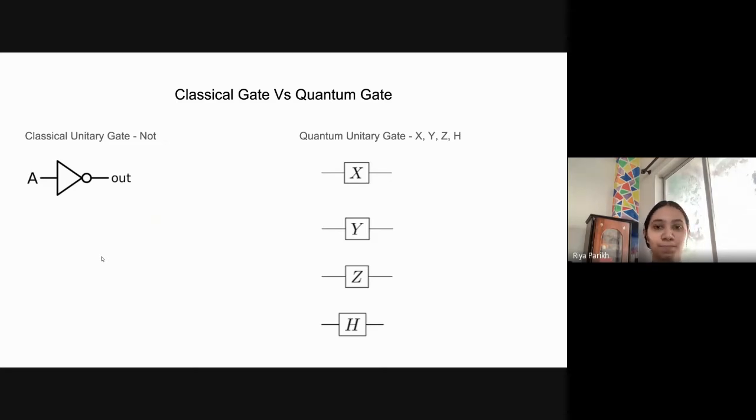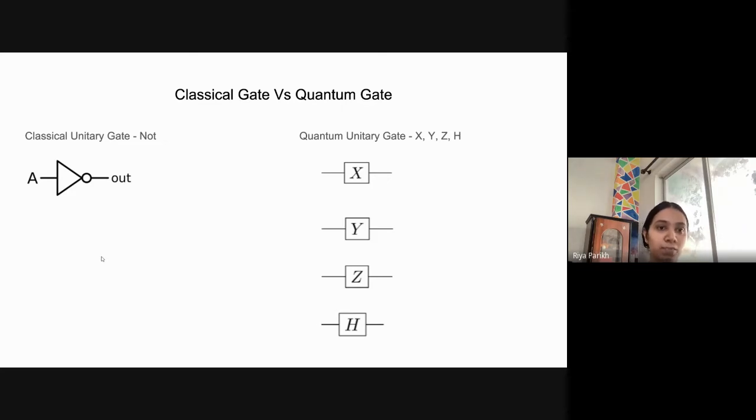Next is how we modify qubits. We saw the qubits, but how do we modify them? With bits, we have gates through which we can do our computation.